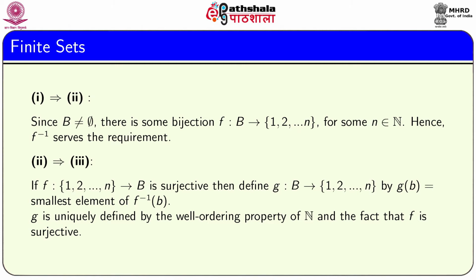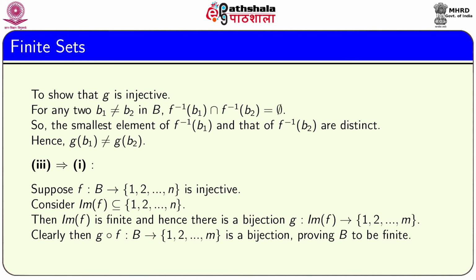Now, since function F is surjective, each F inverse of b is a non-empty set, and since it is a non-empty finite set, we can pick the smallest element from that, thereby defining G(b) uniquely.